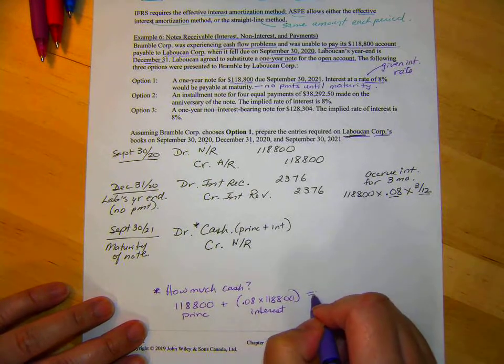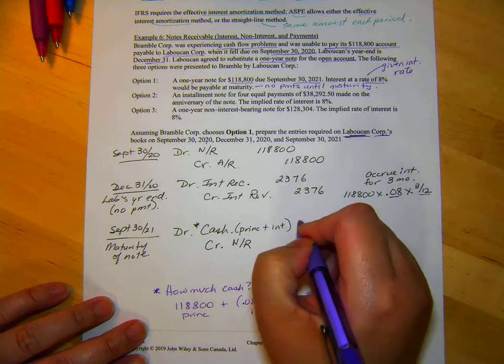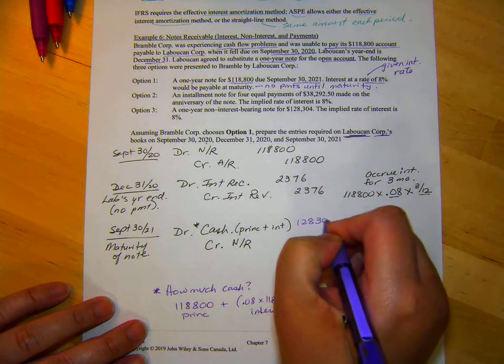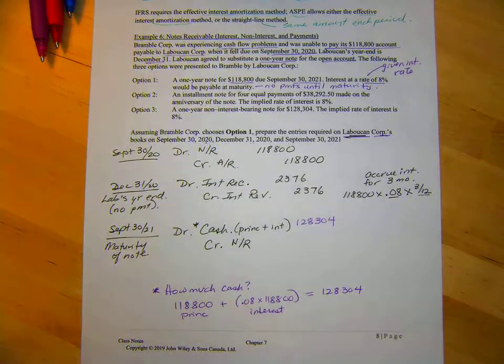And that equals 128,304. And of course, you guys could take shortcuts. Take 118,800 times 1.08. You're going to get that, right? Whatever math shortcuts you want to take, you go right ahead.